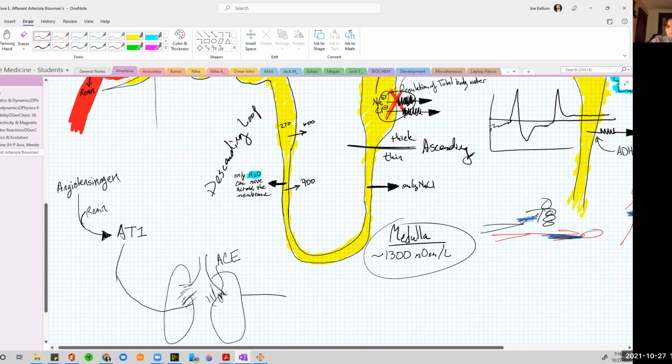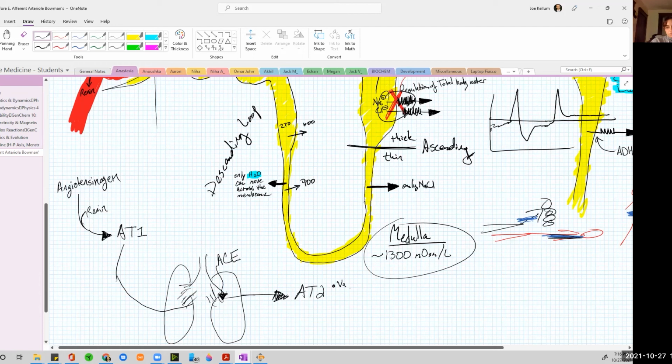You've heard the term ACE inhibitor before. Angiotensin converting enzyme hangs out there, and it will cleave angiotensin 1 into angiotensin 2.